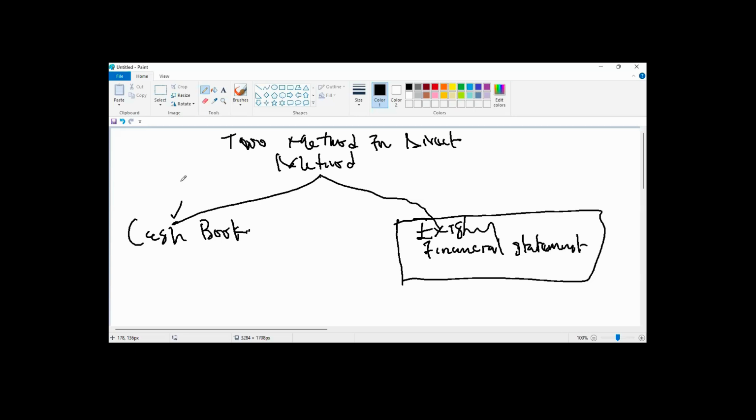When they ask us to prepare cash flow by the direct method, and they give us the normal financial statements, like the statement of profit or loss, statement of financial position, and the notes to the accounts, which is the additional information, then it means we are to use this.